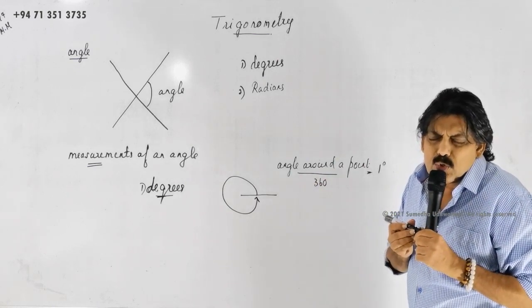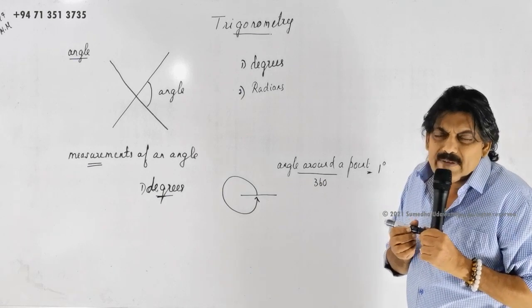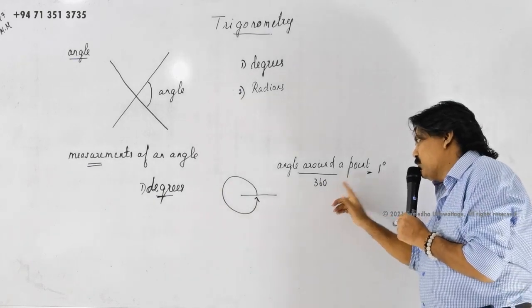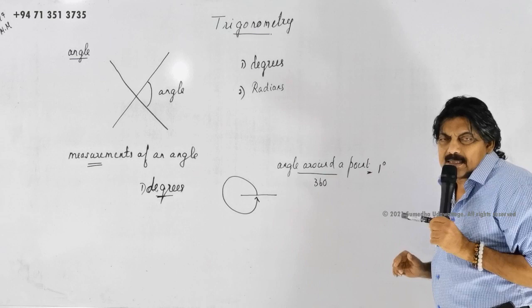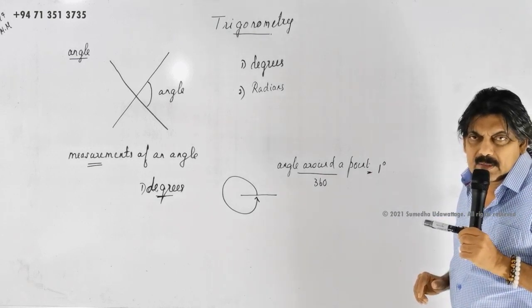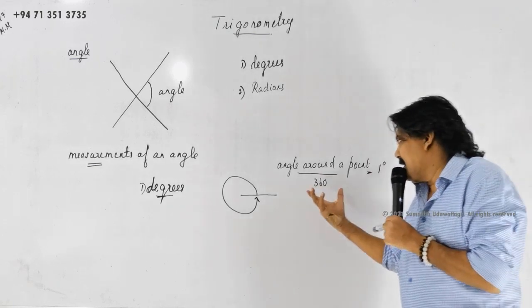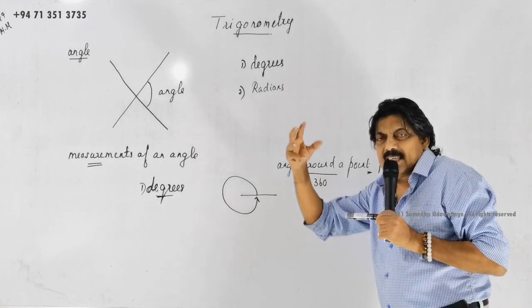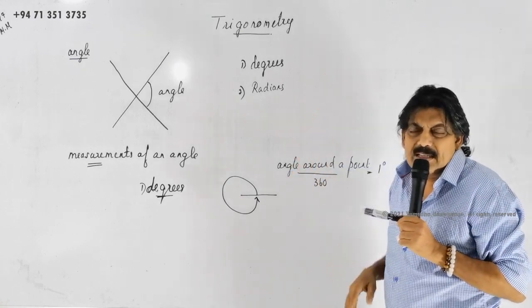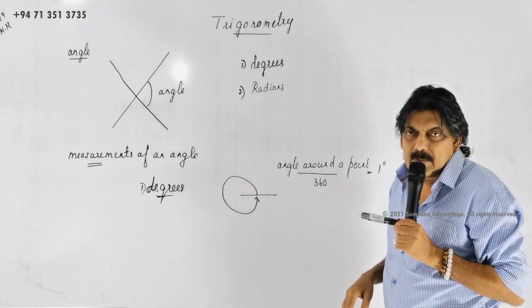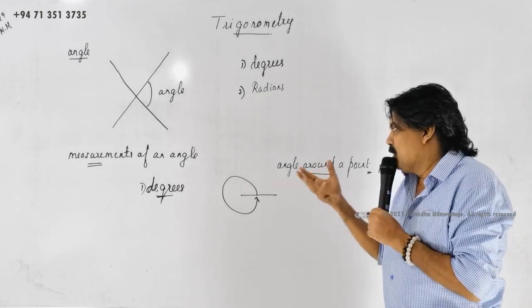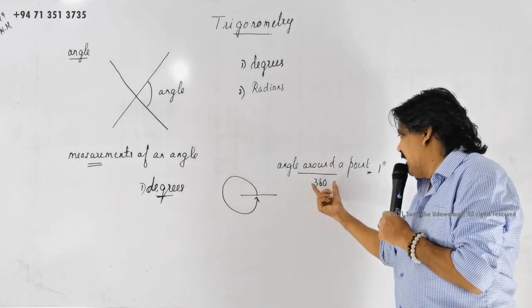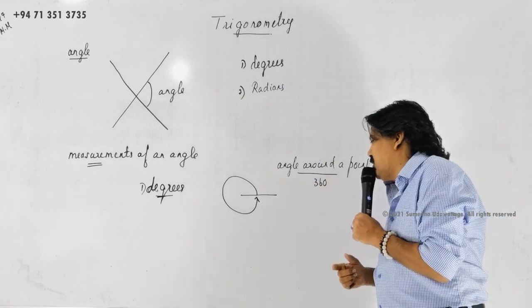That is the question you should ask your O-level teacher when you are being taught this in small classes. Dividing by 360, that is the initiation of mathematics in the world. The mathematicians at the start took this to be 360.